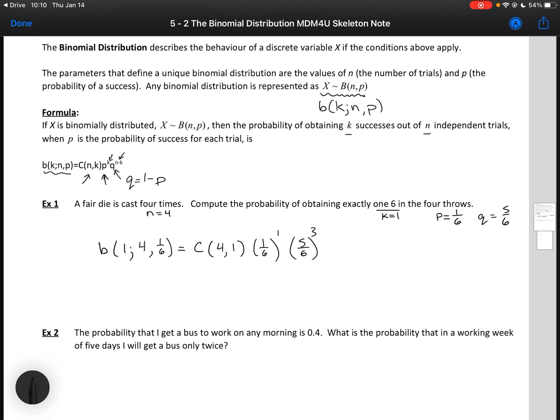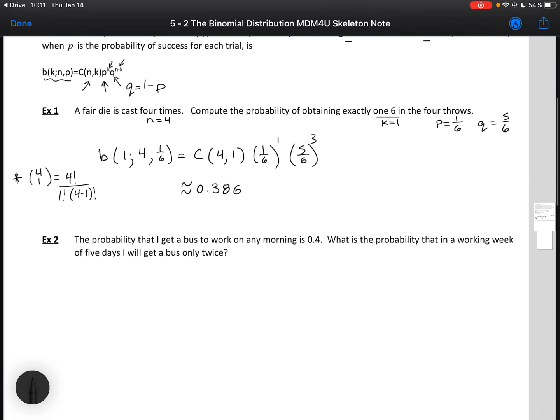When we evaluate all this on our calculator, we are going to get approximately 0.386. Remember, if you don't have the choose function on your calculator and you're using factorials, we used this notation before. So 4 choose 1 is equal to 4 factorial over 1 factorial times 4 minus 1 factorial, okay?